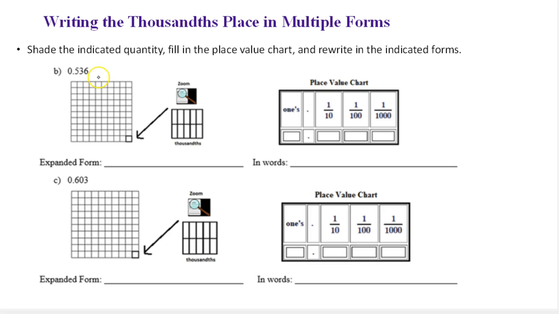Okay. Now we're given the decimal form, we're going to write the other forms. So first we have 5 tenths. I'm going to shade half. So I know 1/2 is equal to 5 tenths. Okay.